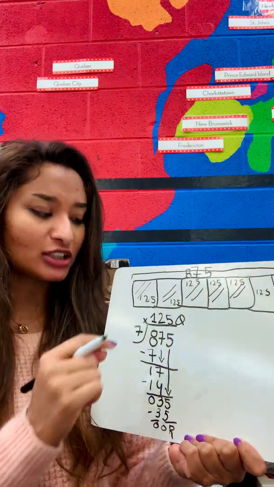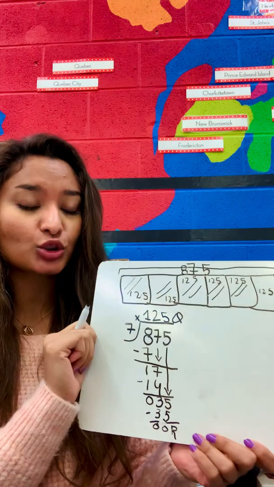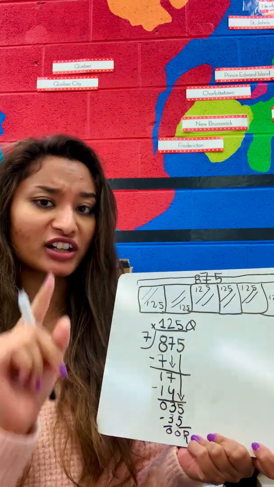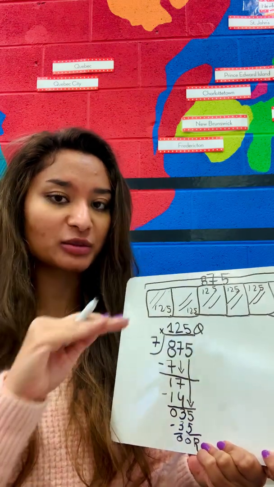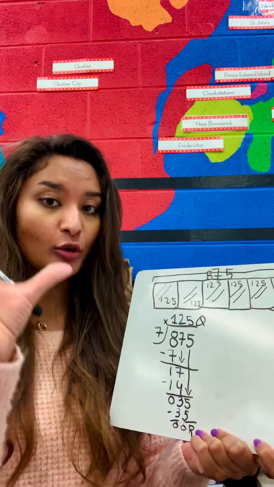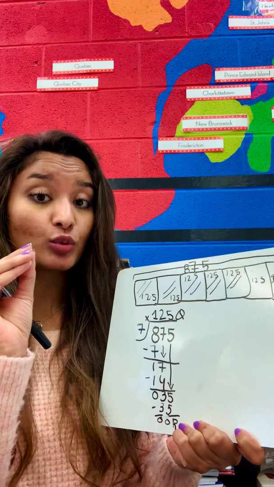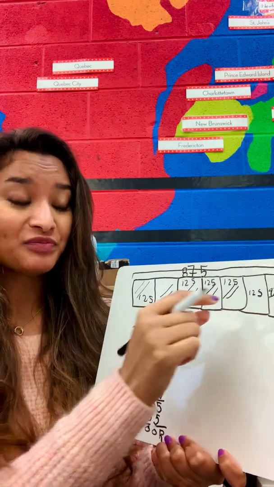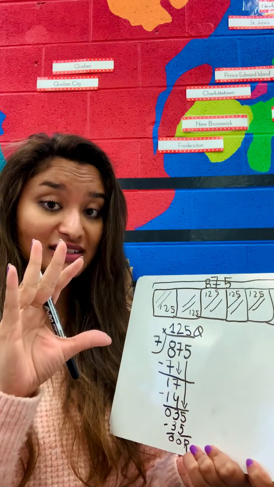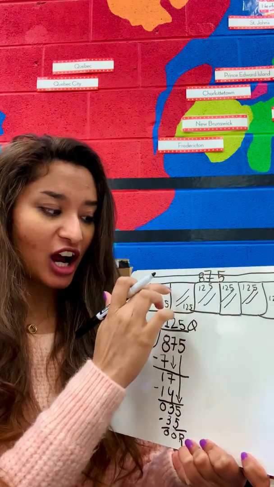So how would we find out, if there are 125 grams of sugar in one bag, how much there is in 5 bags? Would it be more or less? It would be more because it's combined together. So we need to multiply 125 by 5. Does that make sense? Because there are 5 bags.